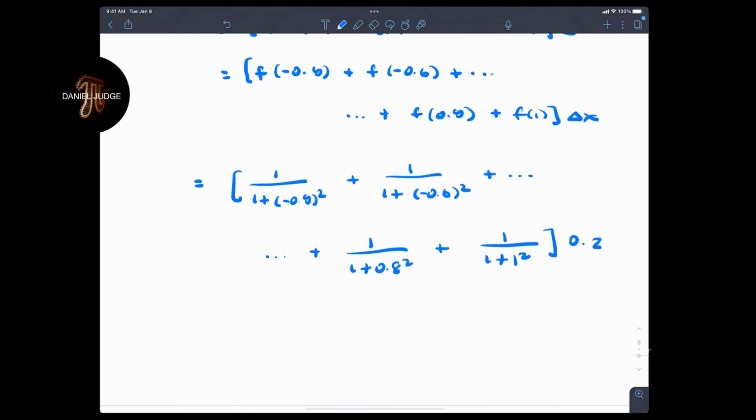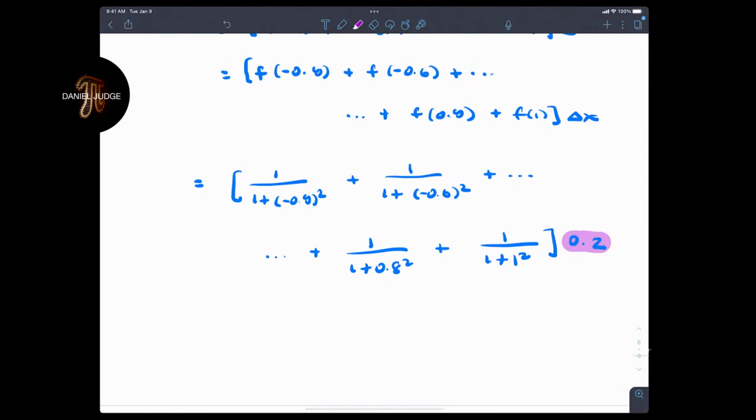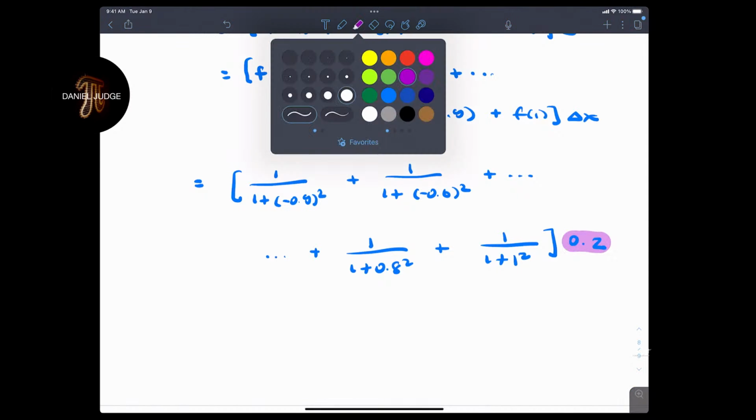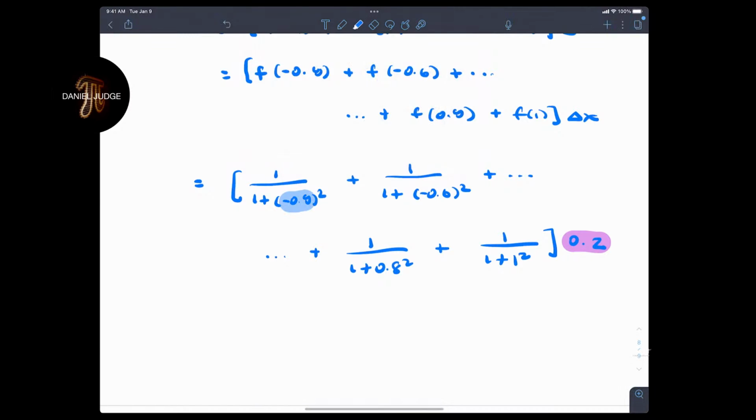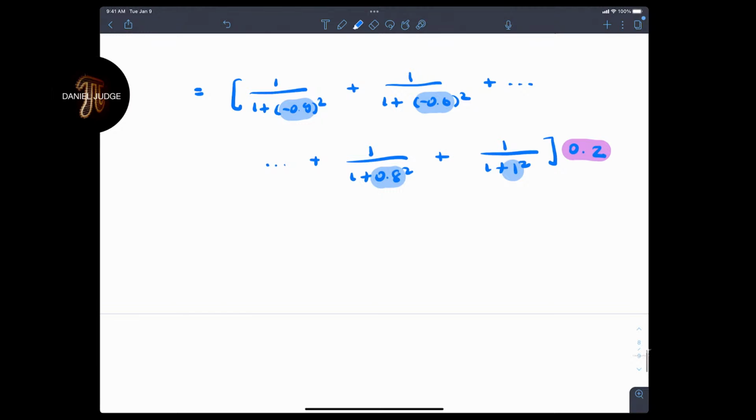And then the delta x is 0.2. So we're going to go through the same process here. These are the x values, but these are going to be the right endpoint values. So this is what we have to very carefully enter in our TI calculators to approximate.